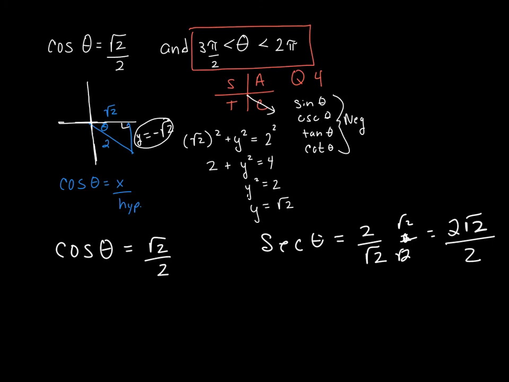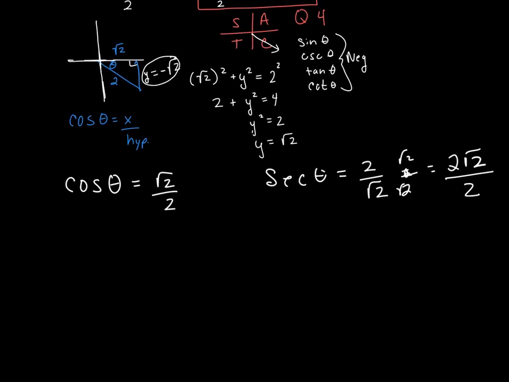This is still positive. Now going with the next one, the sine of theta, I know that is negative because it is in the fourth quadrant, and we also know it is negative from the value that we had here. Again, that's because the y value going down is negative. So that gives me negative square root of 2 over 2, which tells me the cosecant of theta is also the reciprocal.